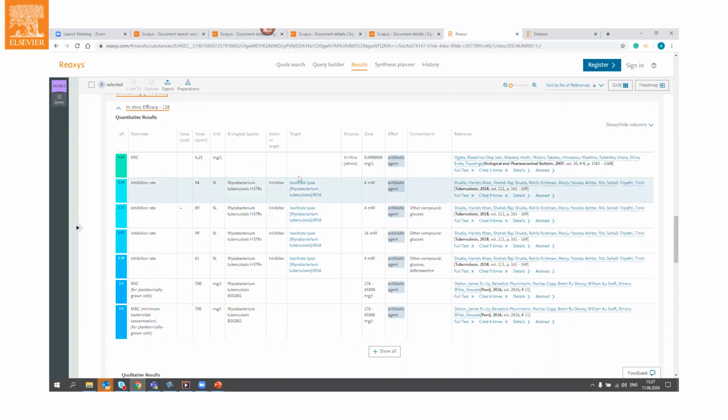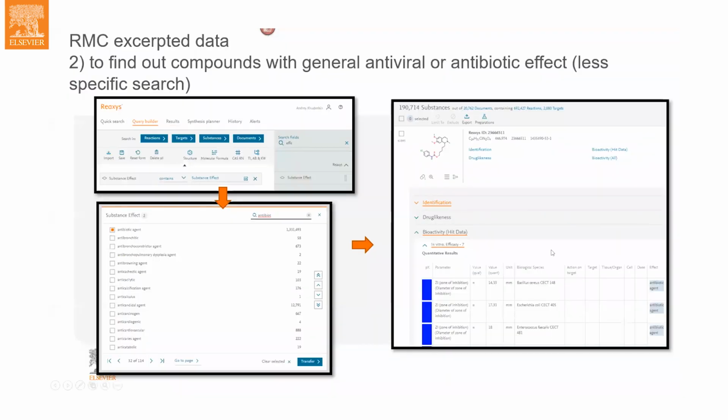For example, which targets can be affected for Mycobacterium tuberculosis H37Rv to have antibiotic effect. The target is isocitrate lyase. So this was strategy number 2.